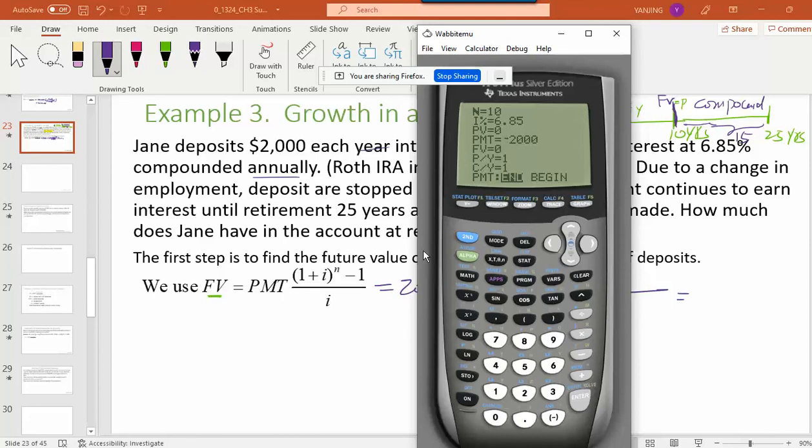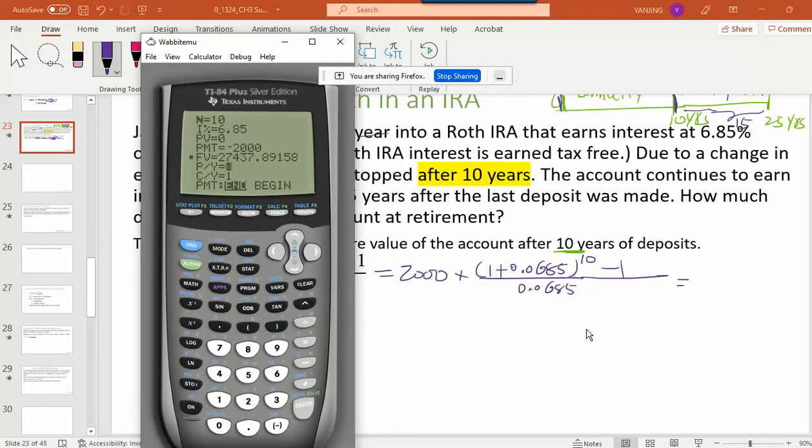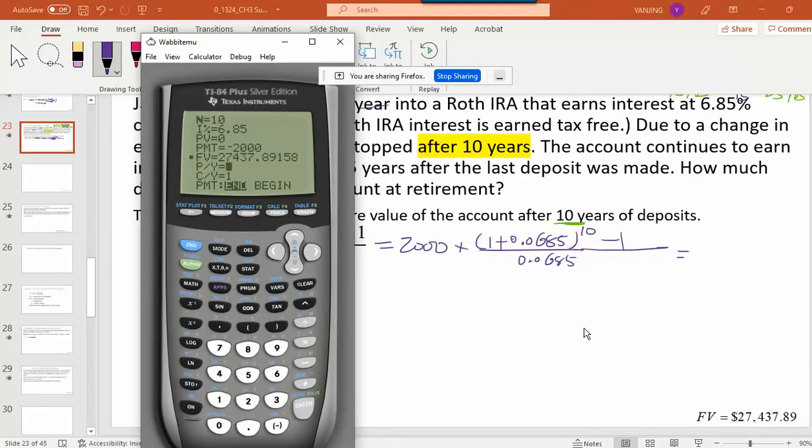I want to find the future value, so everything is in, and then alpha enter, that's the future value. The future value is 27,437.89.